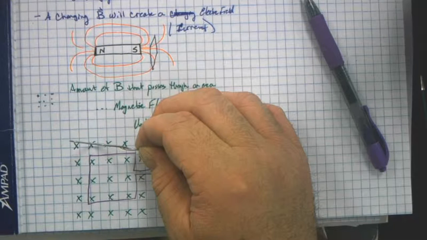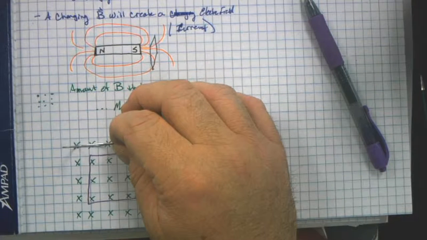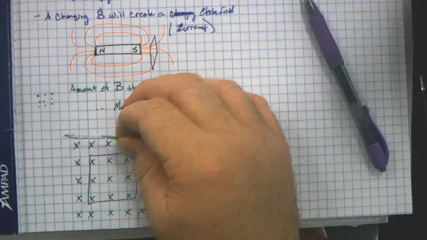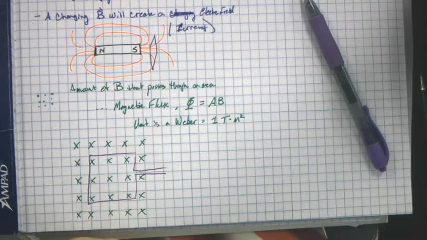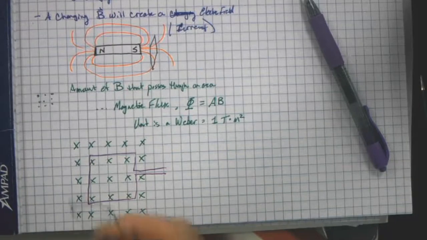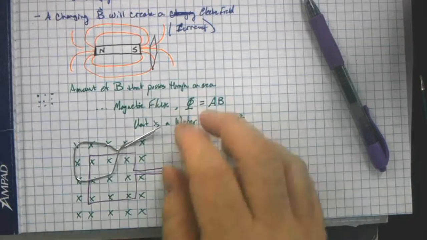So to the point where if I go like this, what's my flux through that? 0. How am I holding my loop compared to the paper? It's perpendicular to it. So if our loop is perpendicular to our paper, then we don't have any flux going through.